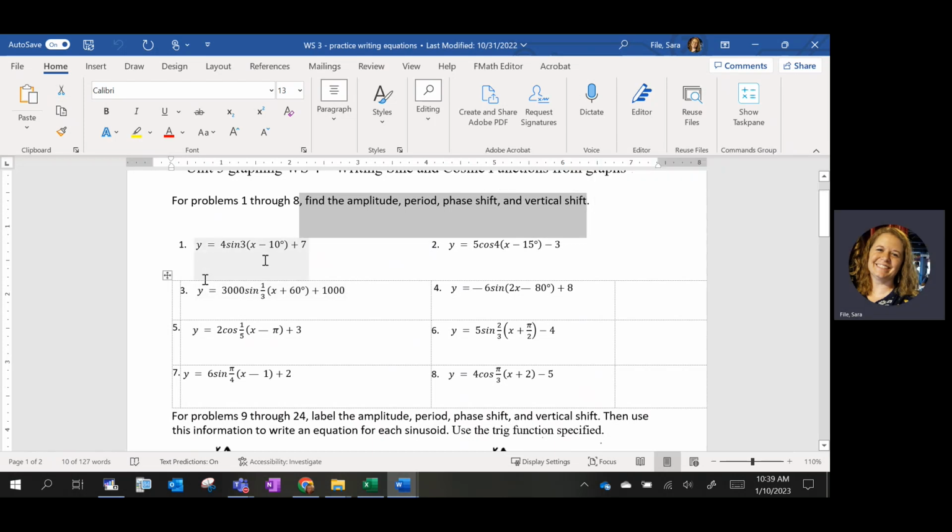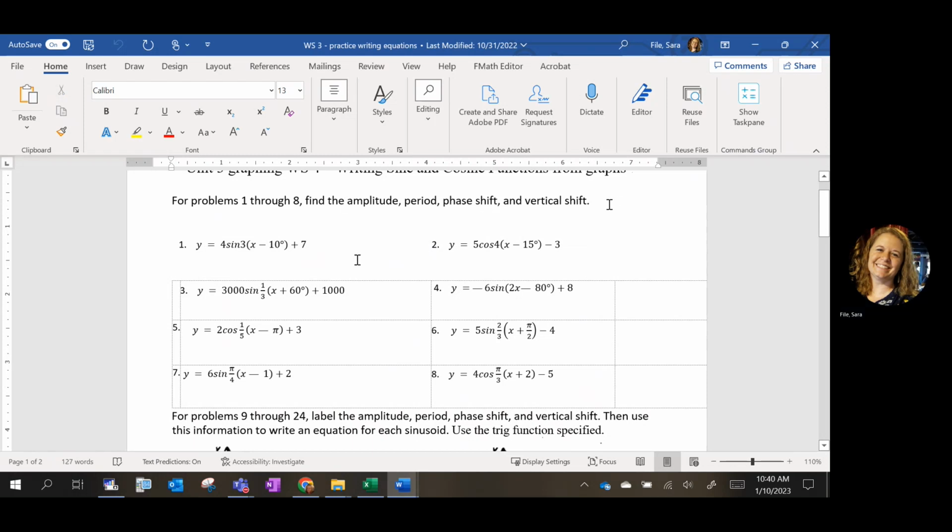Notice 1 through 4 are in degrees. 5 through 8 are in radians because you see pi somewhere in one of the values, right? So the first 4 are in degrees, the second 4 are in radians. You need to make a note of that. So that's just giving those 4 important pieces.